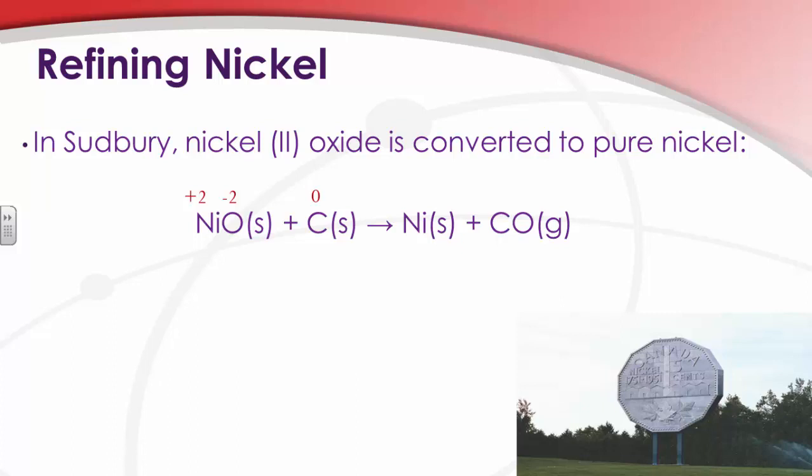Elemental carbon is 0, and elemental nickel is 0. Oxygen is again -2, and carbon monoxide gives carbon a +2 on the right-hand side. Now we can identify which is being oxidized: carbon, because its oxidation number is going up from 0 to 2. And which one's being reduced? Nickel is being reduced from 2 to 0.